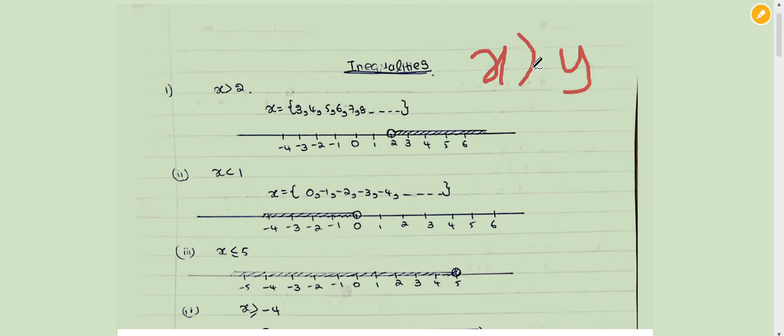So this symbol means x is greater than y, right? So x is greater than y, and we can also explain that as y is less than x. Okay, so x is greater than y, and also y is less than x.